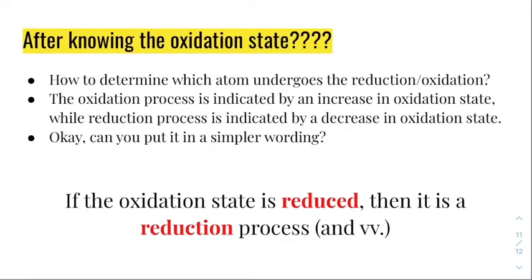So, after knowing the oxidation state, how can we determine which atom undergoes the reduction or oxidation process? The oxidation process can be indicated by an increase in oxidation state, while the reduction process is indicated by a decrease in oxidation state.